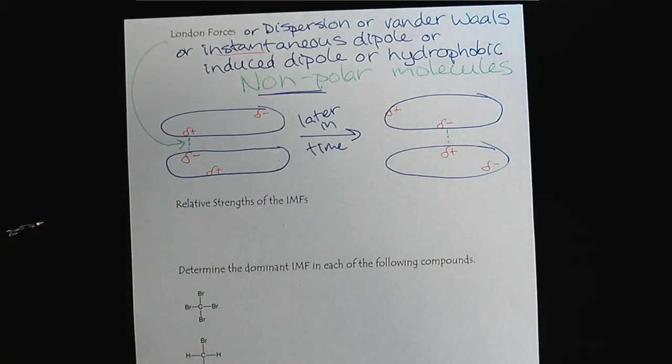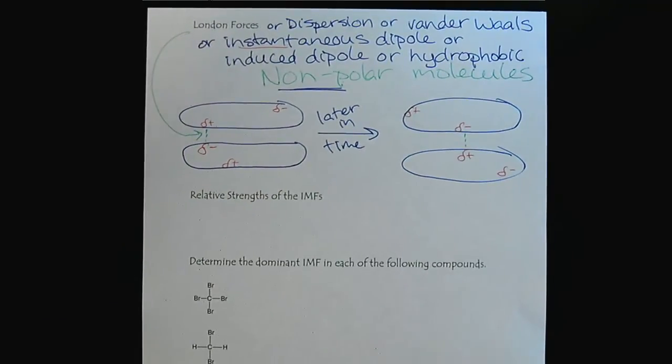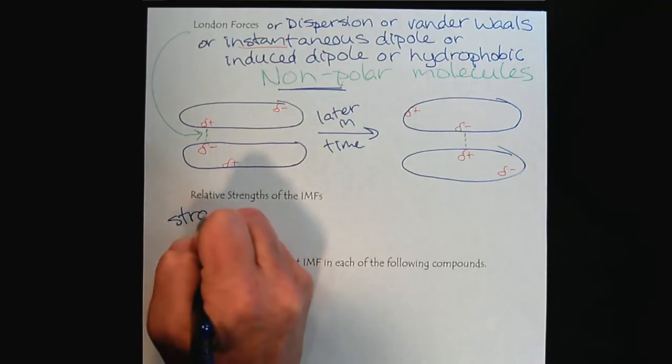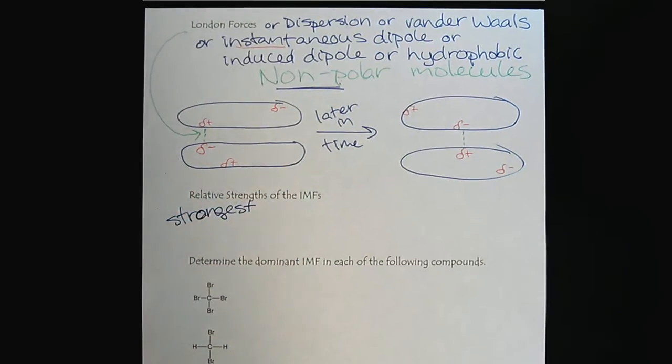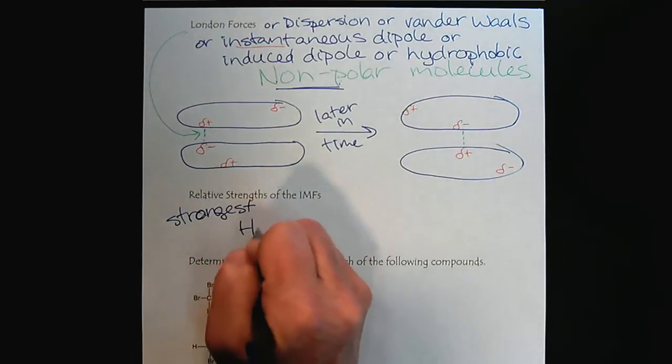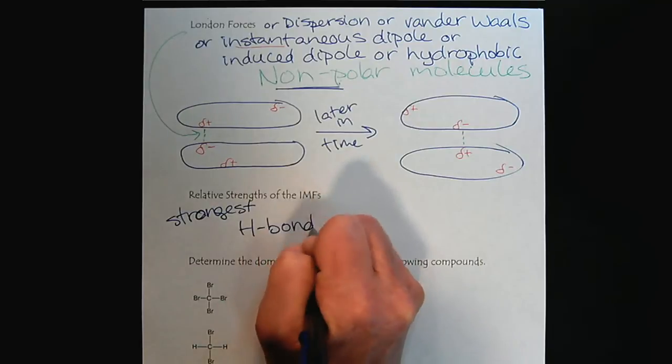Now that we're familiar with the three primary intermolecular forces, let's look at their relative strength. We'll put the strongest over here. Of course, that's going to be H bonding, because that's our extreme dipole-dipole.